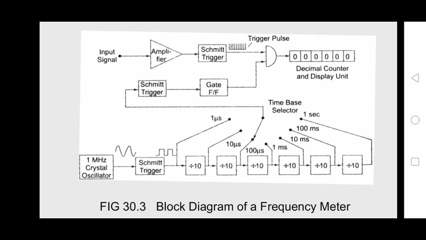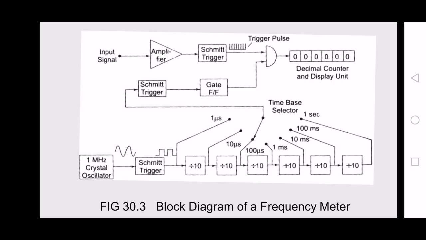That is again converted by the Schmitt trigger circuit, so that it generates pulse signals of 1 microsecond. Then you will have the time base selector, or a decade divide frequency circuit, with six divide-by-10 counters.